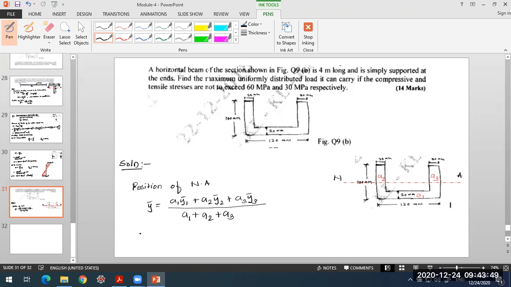We have three areas. So what I have A1, okay. So A1 is 120 by 20, 120 into 20 mm, okay.